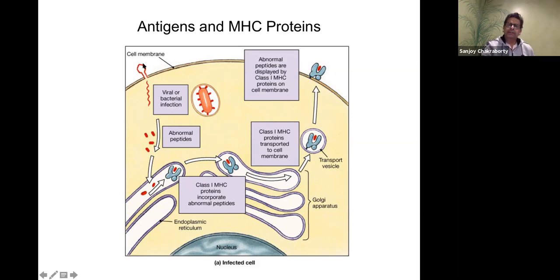When a virus injects its DNA, it could be a viral or bacterial infection, any one of them, and infects the host cells, the class 1 MHC protein captures one of those viral or bacterial particles, like abnormal peptides, a portion of the protein. They bind with that and show it outside on the membrane.